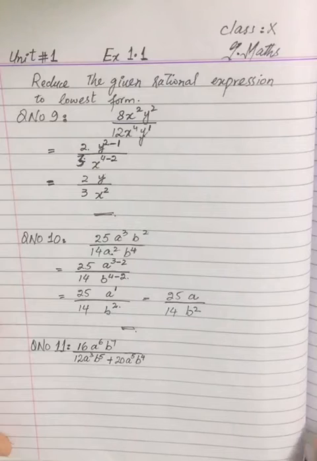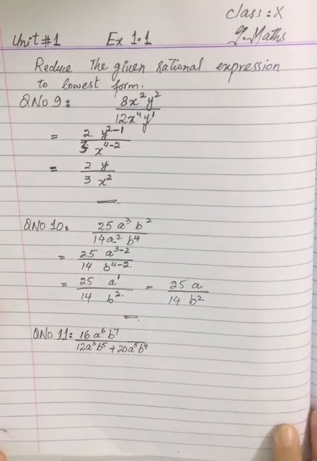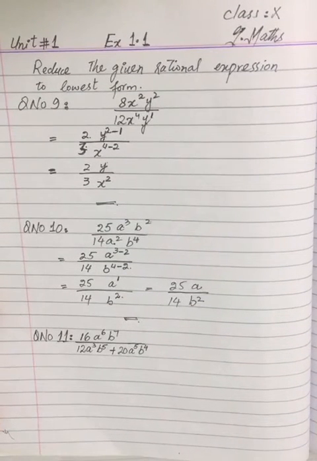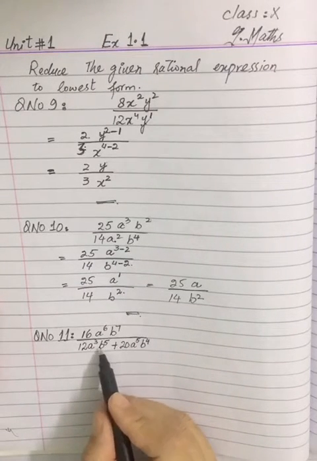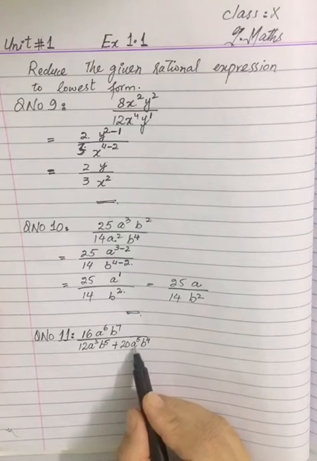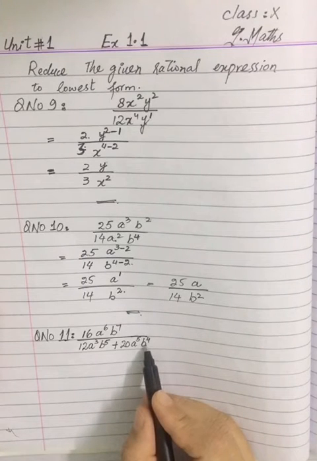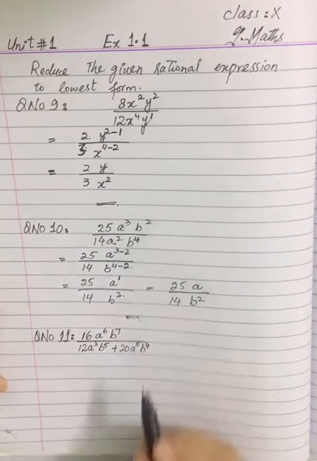Next question is question number 11. 16a raised to power 6 b raised to power 7 over 12a cube b raised to power 5 plus 20a raised to power 5 b raised to power 4.